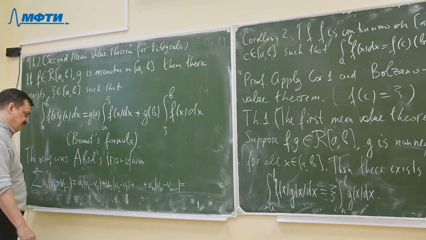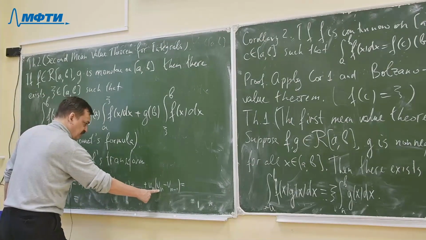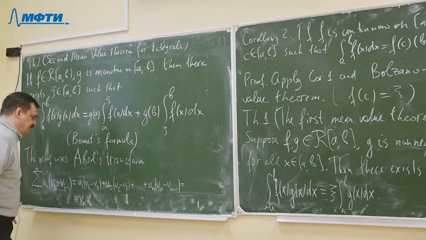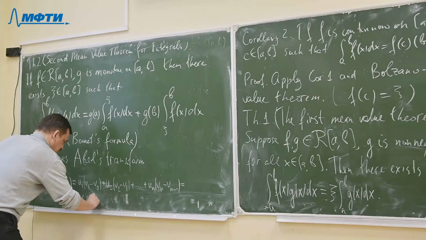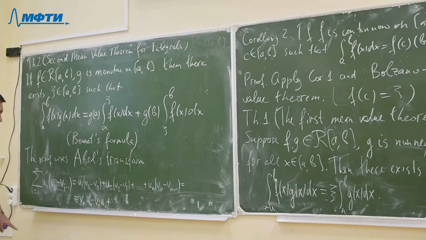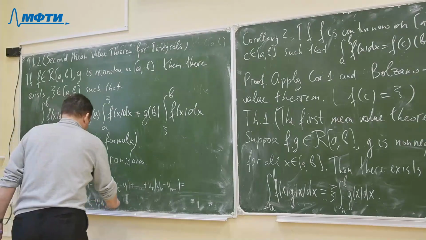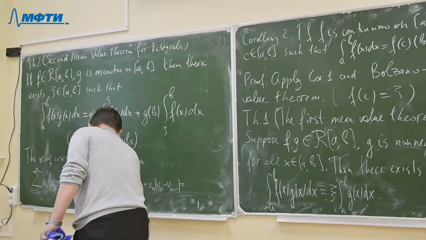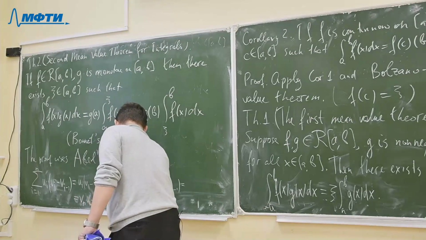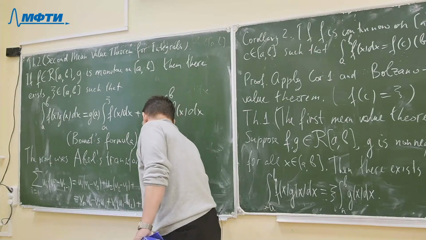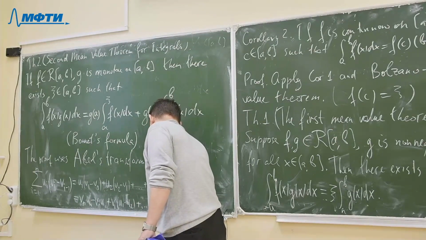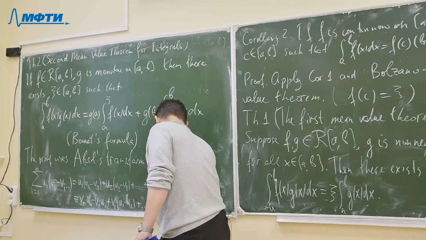What does it give? Look, v_n has only one term, u_n. Also v_0 has only one term. All other terms are like v_1 times (u_1 minus u_2) plus so on plus v_{n-1} times (u_{n-1} minus u_n).